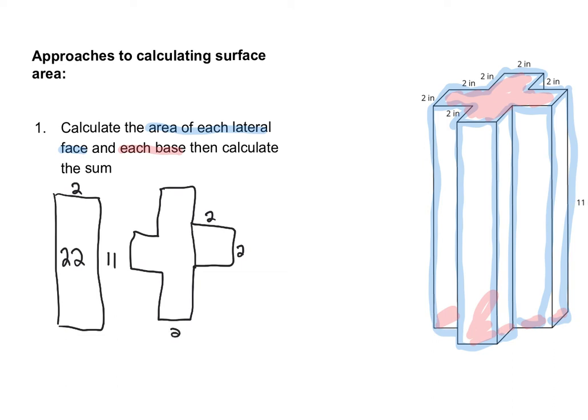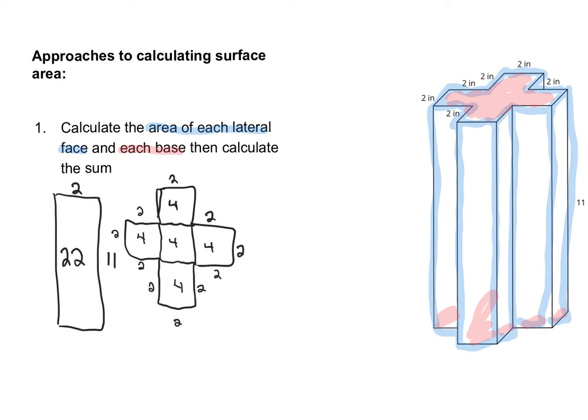So we could cut that up into a series of squares. Let me fix this real quick. Much better. Okay, so there's area of 4, area of 4, area of 4, area of 4, area of 4. So total area is 4 times 5, 20 inches squared. There we go. So we would have to then add 11 more of these. So in this case, this approach isn't the best thing.